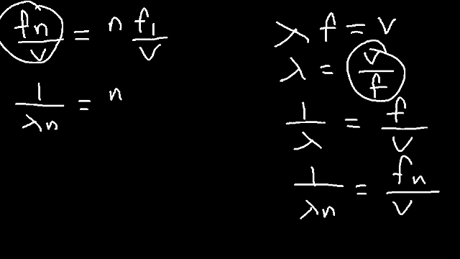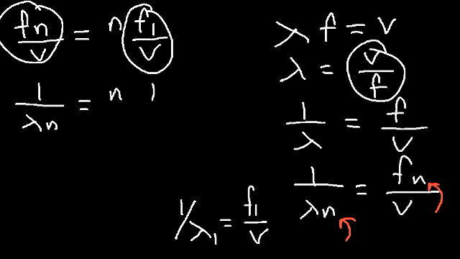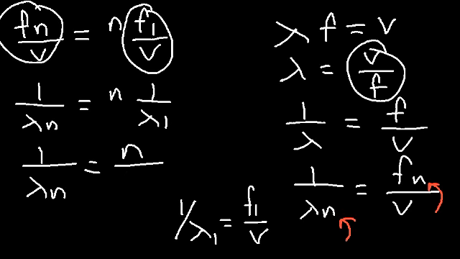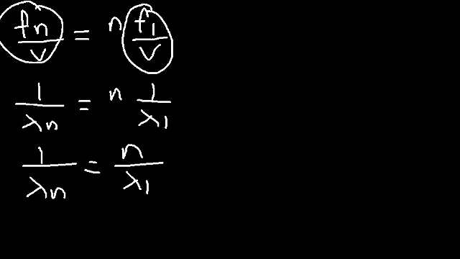So therefore, we could also say that 1 over lambda 1 is equal to F1 over V. All we did is we replaced n with 1. So F1 over V is 1 over lambda 1. So we have 1 over lambda n is equal to n over lambda 1. Now, if we take the reciprocal of both sides of the equation, we get this equation. Lambda n is equal to lambda 1 divided by n.